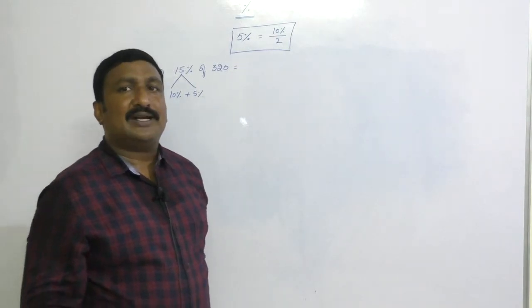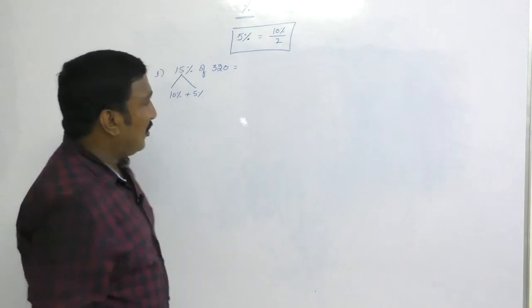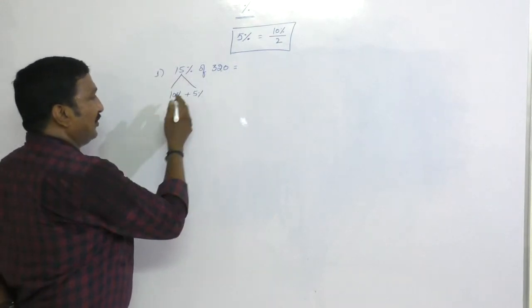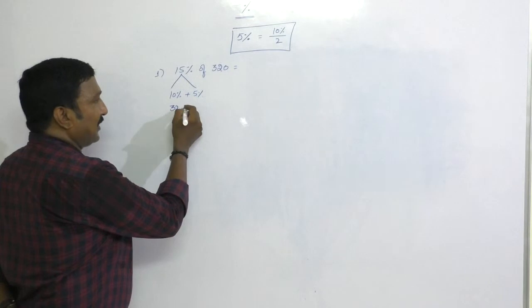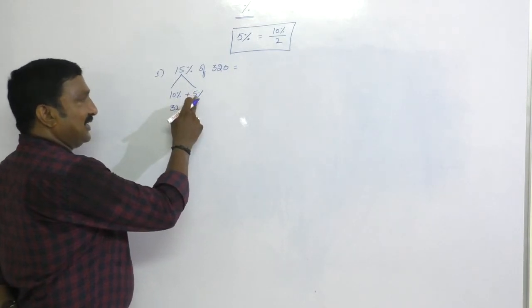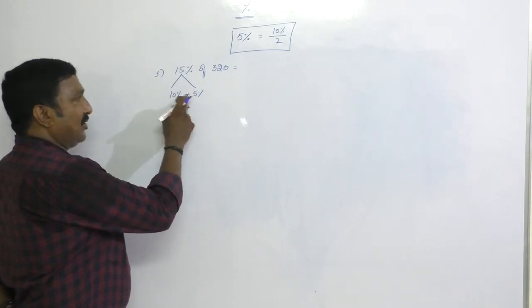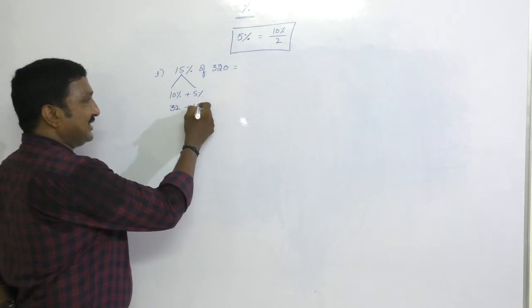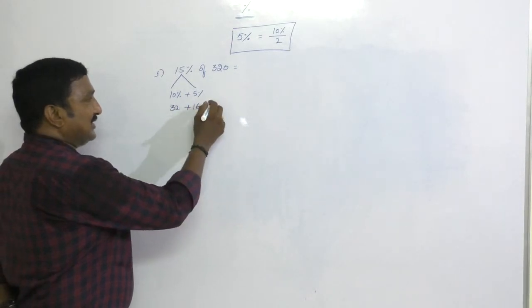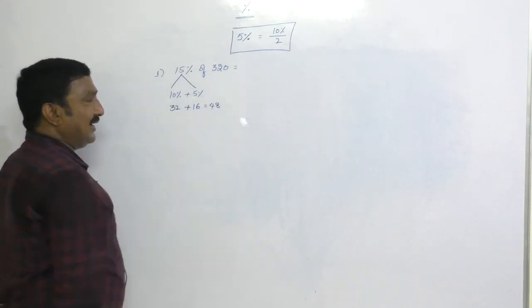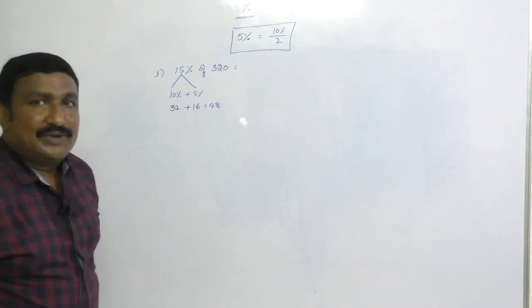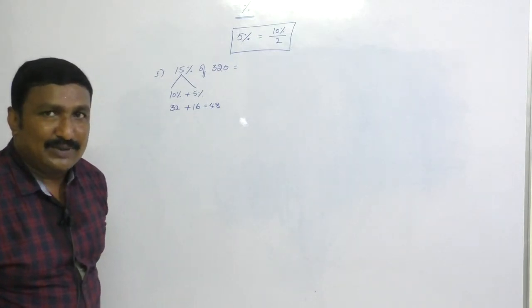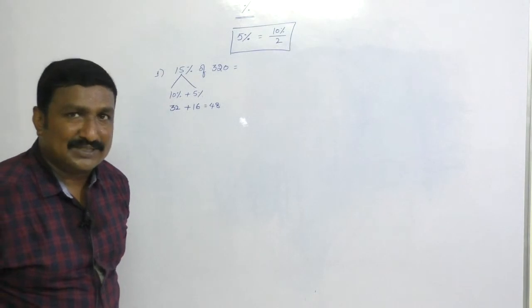First you have to calculate the 10% of the number. Already I told 10% of 320 is equal to how much? 32. Plus 5% is nothing but half of the 10%. Half of the 10% is nothing but 16. So 32 plus 16 is equal to how much? 48. So 15% of a certain number is nothing but 10% plus 5%.